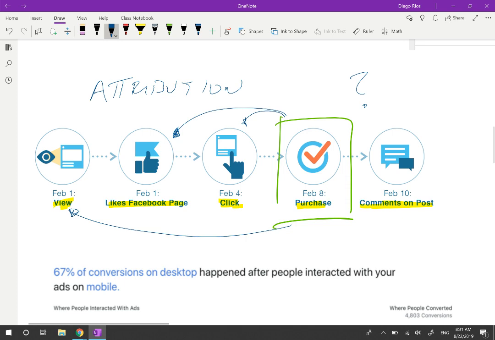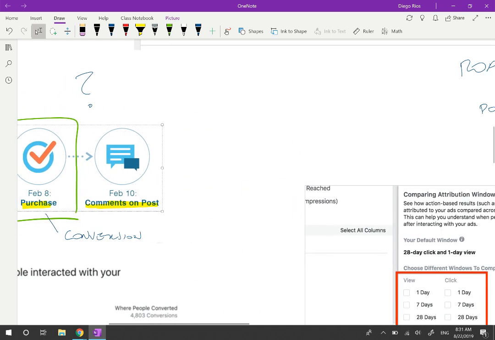And this is where Facebook talks about multi-touch attribution, which is basically they can allocate or attribute a purchase or a conversion. Like, this doesn't need to be a purchase, right? This can be a conversion to different ads. It doesn't have to be necessarily click, view, or specific ads.